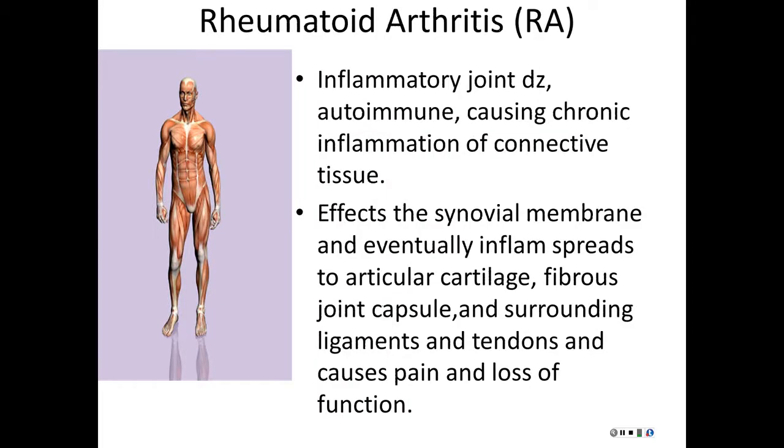Rheumatoid arthritis is an inflammatory joint disease, so it works with anti-inflammatories, NSAIDs, aspirin, that kind of stuff. It's autoimmune. It causes chronic inflammation of connective tissue, affects the synovial membranes, and eventually inflames.